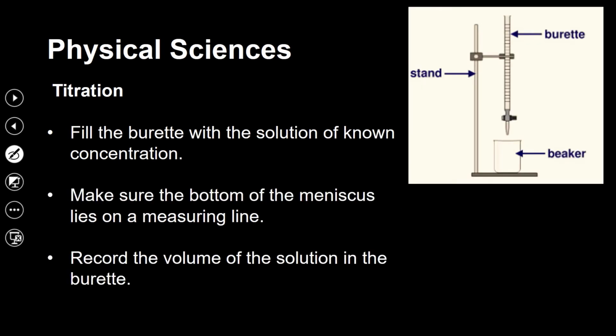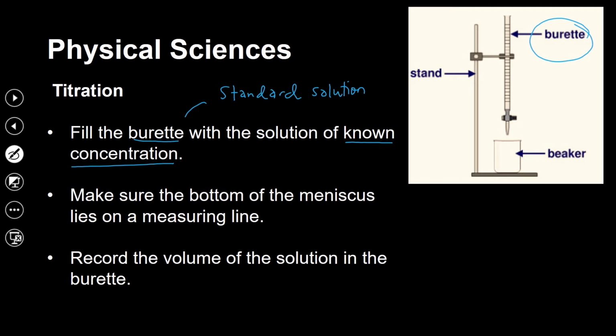Right. Okay, so we also have to fill the burette with the solution of the known concentration. So what goes into the burette is the standard solution, because we know its concentration. The burette is calibrated, as you can see. It means that there are calibrations.